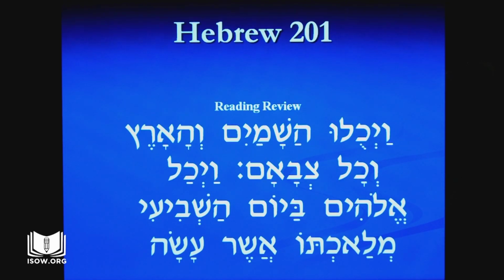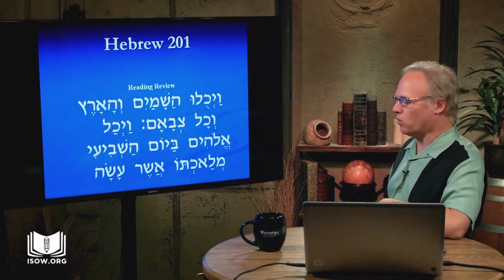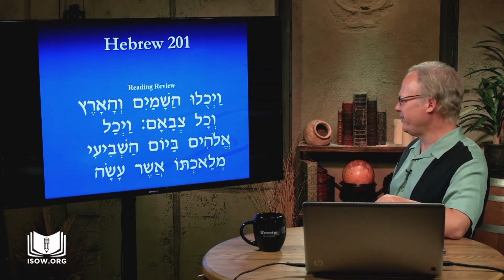We're not going to go back over each individual letter, since we're assuming you've already mastered that. We're not going to recount everything there is to know about every vowel point, again assuming you've mastered that or are in the process of mastering it.